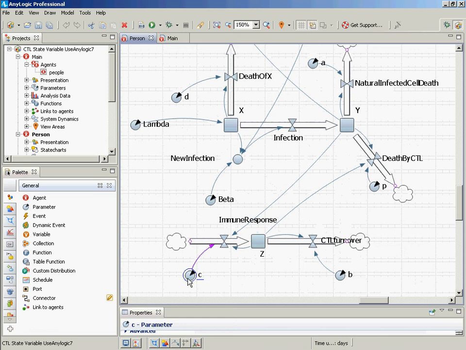The other thing we could capture in a model like this, in which we were quite interested, is the effect of treatment as it affects dynamics within an individual. So again, the idea was for certain types of conditions, which have some similarity to the one depicted here, if you treat an individual early on, it may stop the Y stalk, the infected cell stalk, from growing, which prevents the immune system from building up.